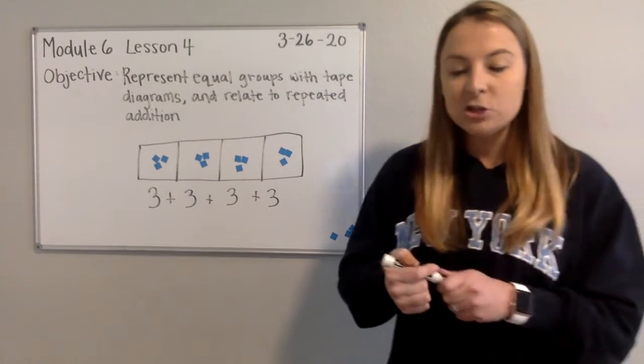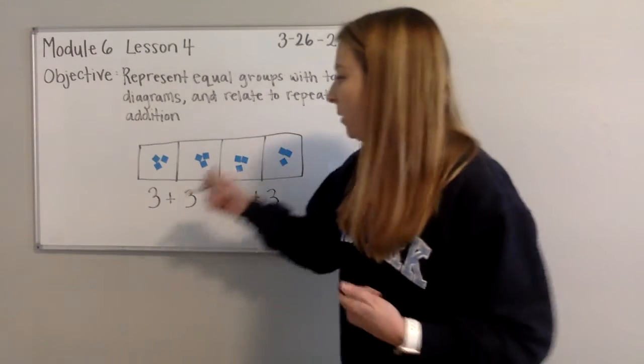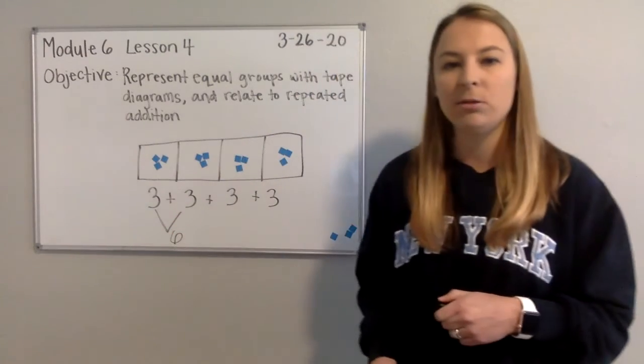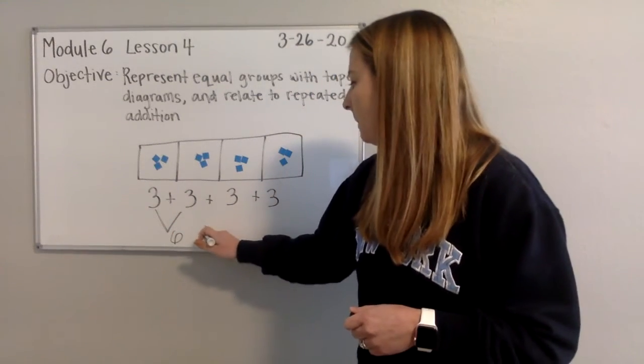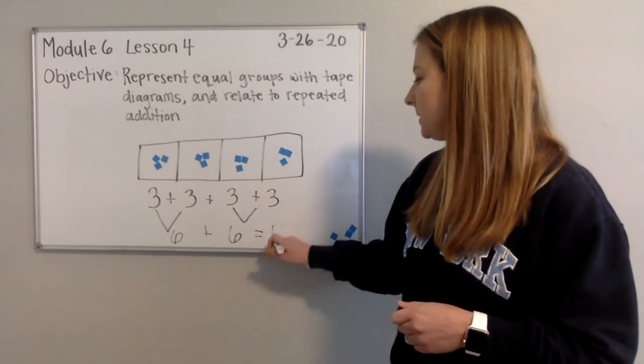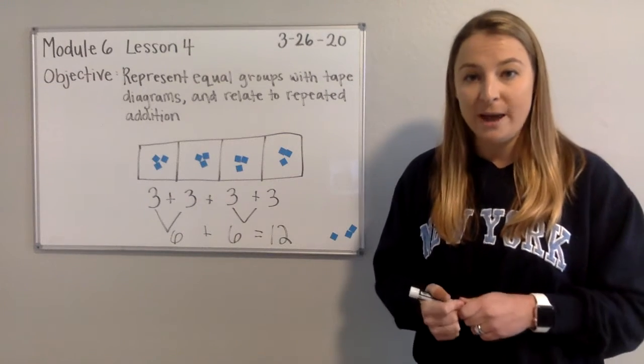I can use my strategy from Lesson 3 from yesterday, and I can make a more efficient number sentence. I can put my 3 and 3 together to make 6, plus 3 and 3 makes 6. And I know 6 plus 6 equals 12 for a total of 12 counters.